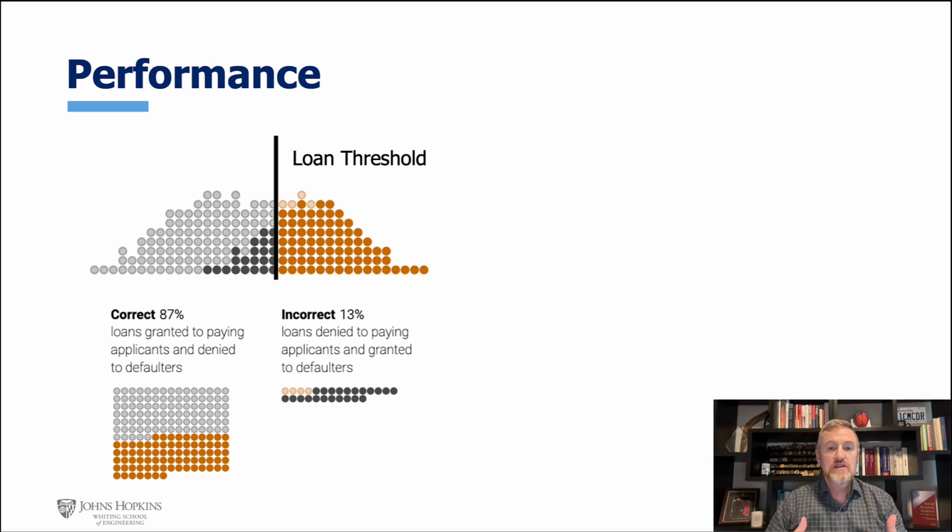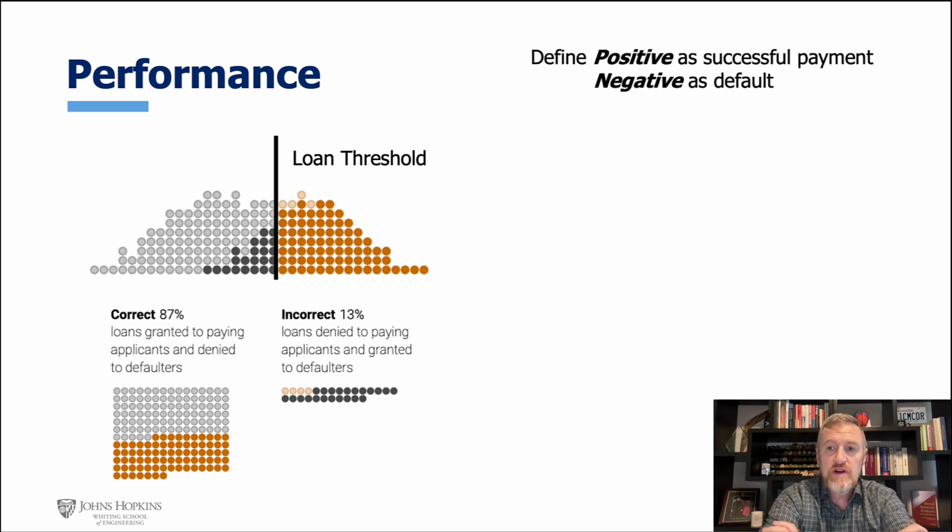Well, let's go into other ways in which we can assess the performance of a model as simple as this one. First of all, let us define positive and negative. Positive is going to be a successful payment, and negative is going to be somebody that would default on a loan, right?